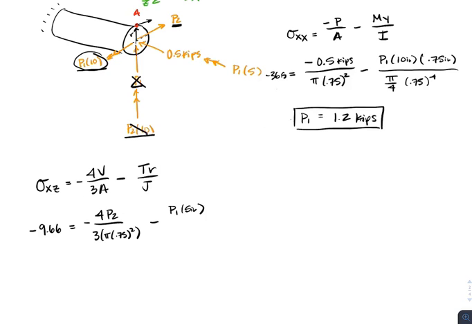And then P1, we'll just go ahead and plug that in from what we had originally solved, times our radius, which is 0.75 inches. All of that over J, and for a solid cross-section, that's equal to pi over 2 times 0.75 inches to the fourth. So now we can just go ahead and solve for P2 since that's our only unknown. And so P2 comes out to be 0.8 kips.